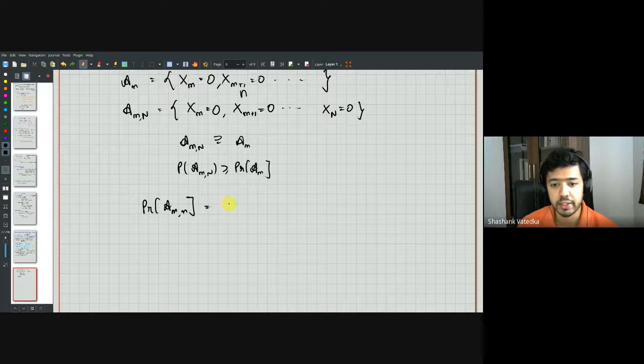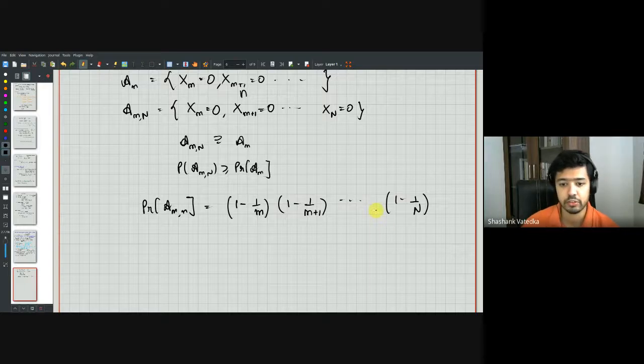What is the probability that xm equal to 0? It is 1 minus 1 over m, correct? And what is the probability that xm plus 1 is 0? It is 1 minus 1 over m plus 1, and so on, up to 1 minus 1 over n.